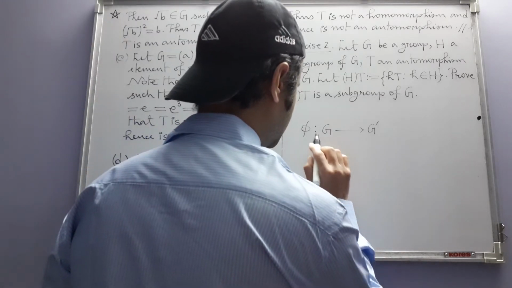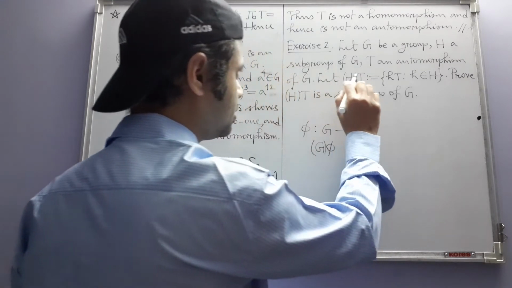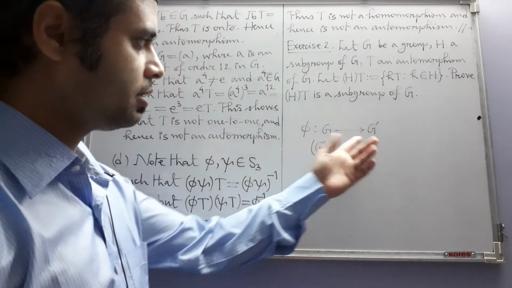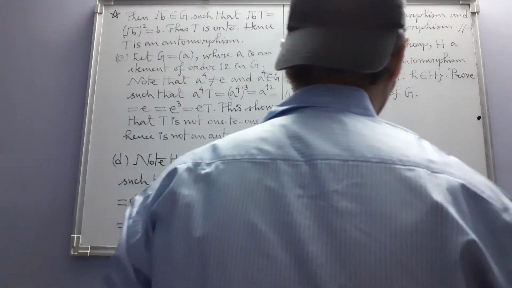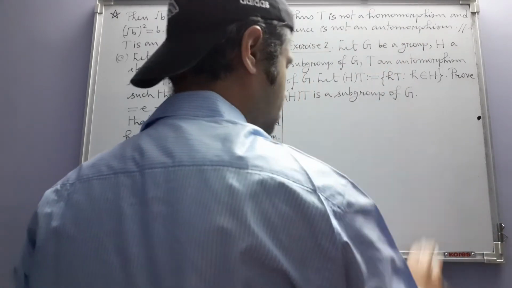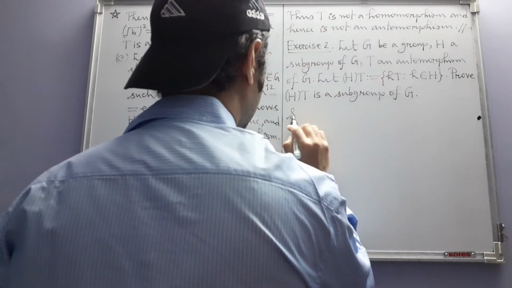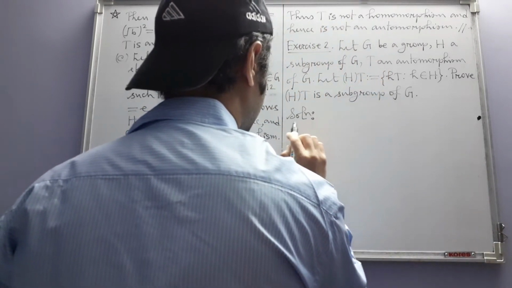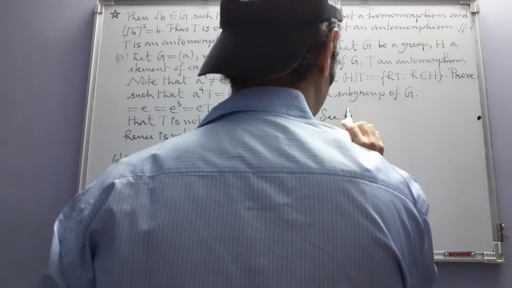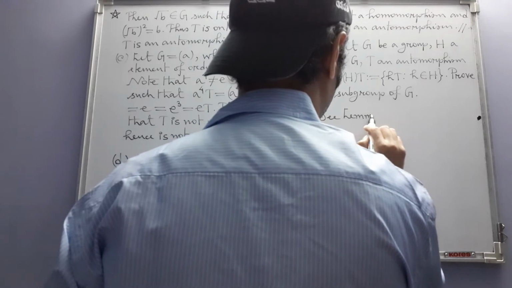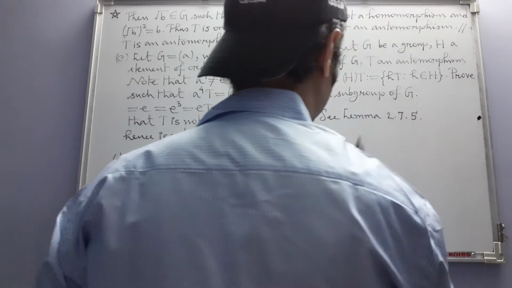Then the image of G under phi, the same thing as HT, is a subgroup of G prime. In fact, we have proved this, and for the proof, you see lemma 2.7.5.